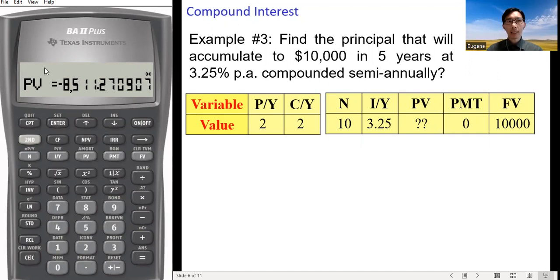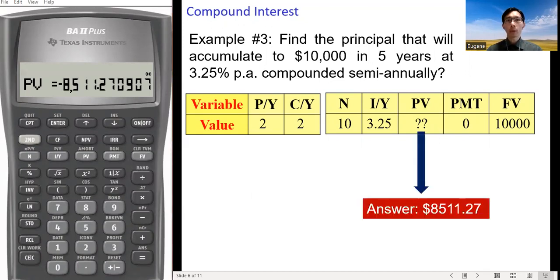PV is a negative value. That means we need to take out the money. This is the amount we need to deposit in order to accumulate to $10,000 in 5 years. So the answer is $8,511.27.